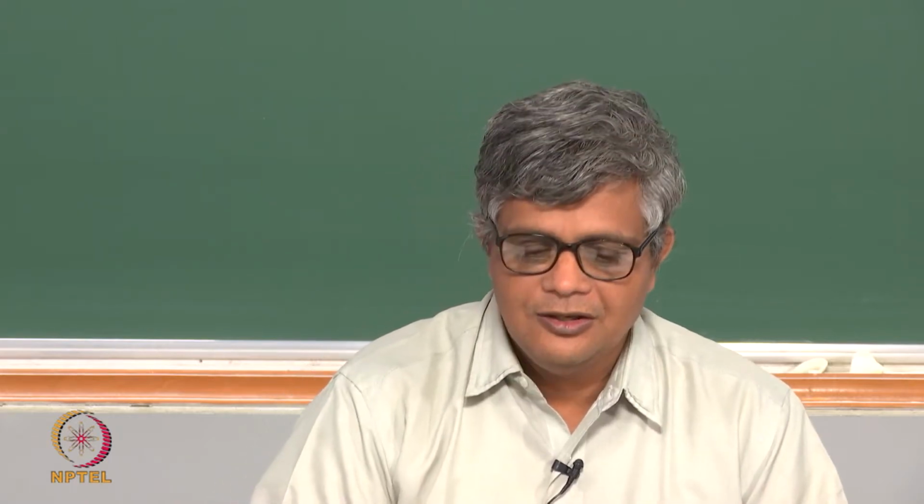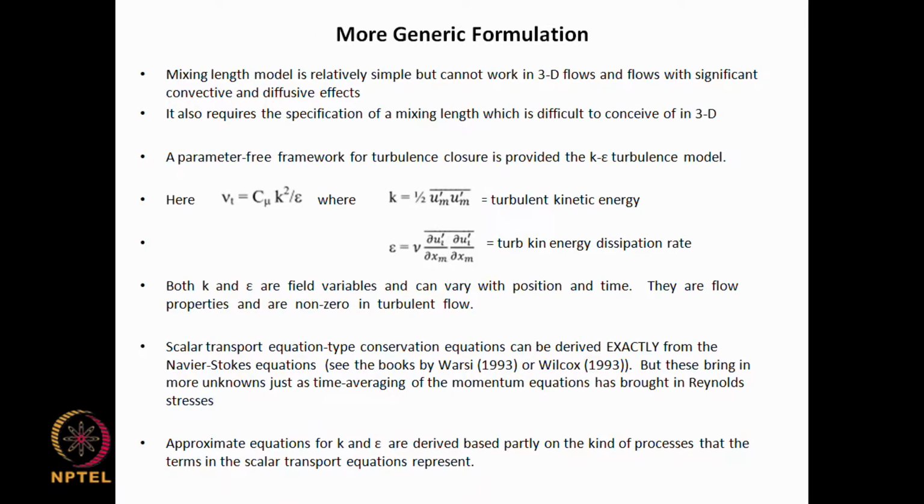The mixing length model tries to create velocity gradients in order to support the presence of turbulence stresses, whereas far away from the mesh you may have no velocity gradients. Turbulence is there because it is being brought in from some other place, it is being advected, it is being diffused. So when you have strong advection and diffusion effects, this mixing length model will not work.